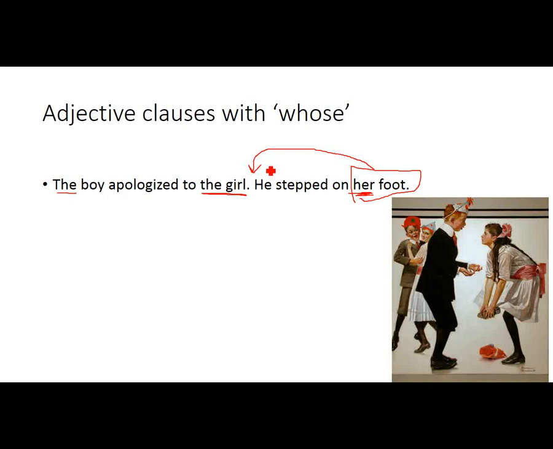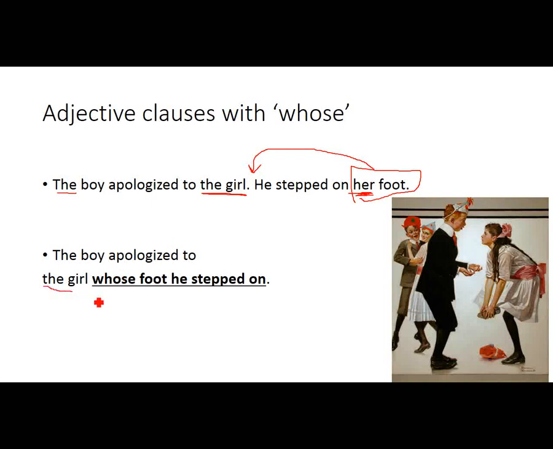Let's see how that looks. The boy apologized to the girl whose foot he stepped on. Okay, so her foot becomes whose foot he stepped on. Notice foot needs to go to the front of the adjective clause.